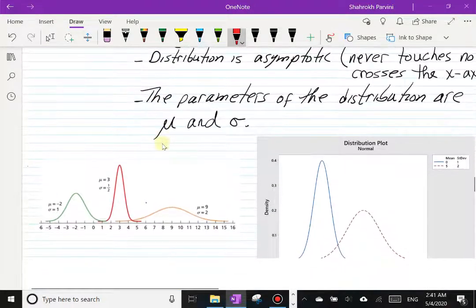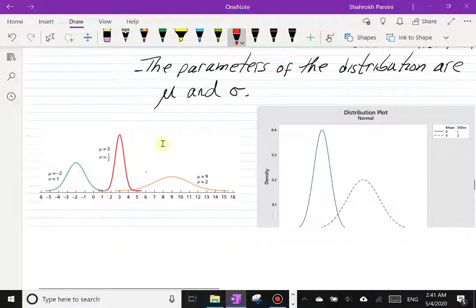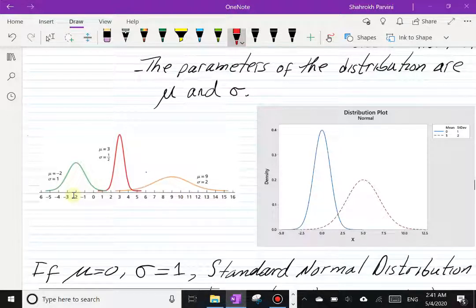And there you go. So here are some graphs of these. Over here, you're looking at 3 different normal distributions. They each have different means and different deviations. The center of this distribution, the green, is at -2. The center of this one is at 3.